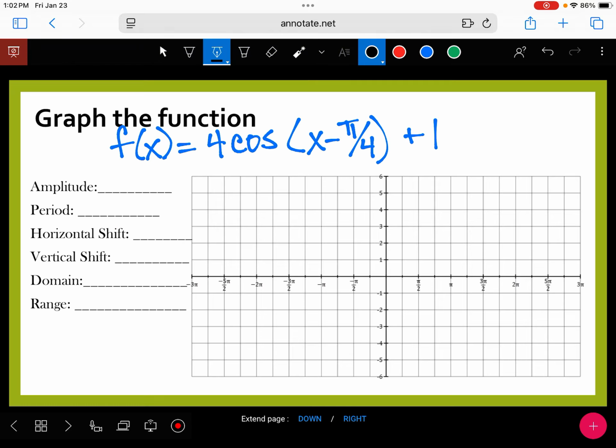Go ahead and copy this one down. And the only thing I'm going to help you with is the midline, the start and the end, and you all do the rest.